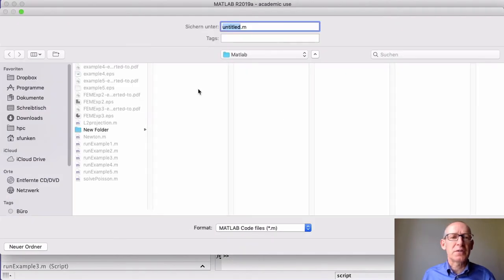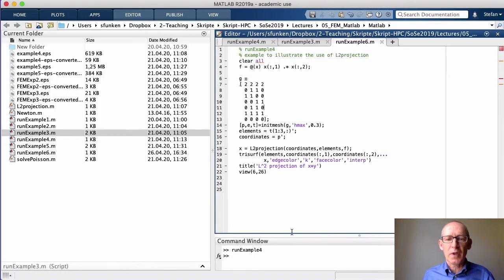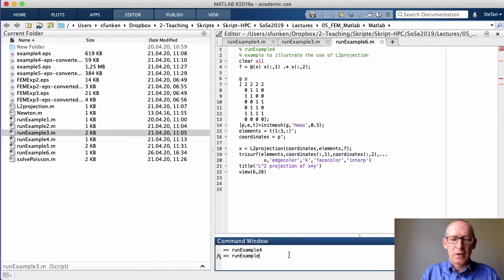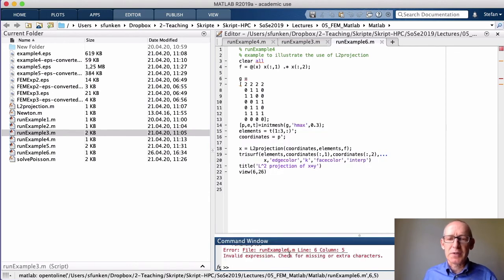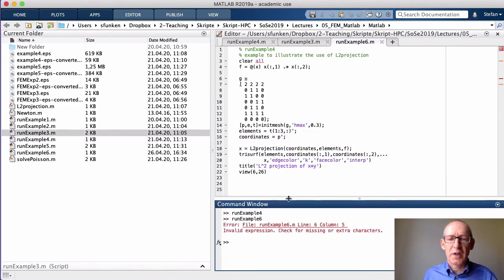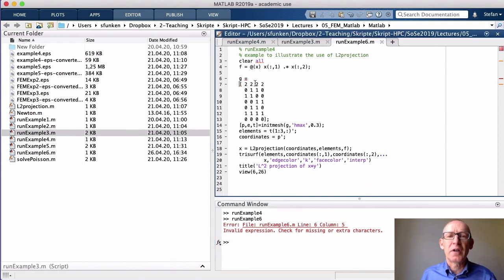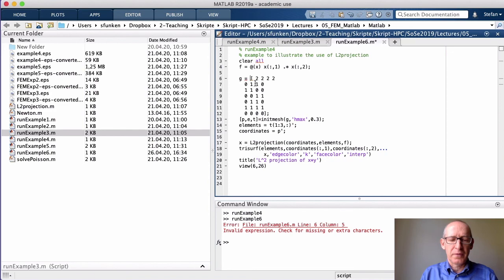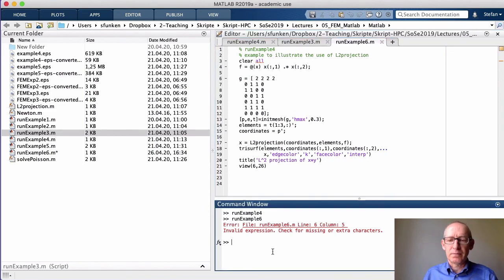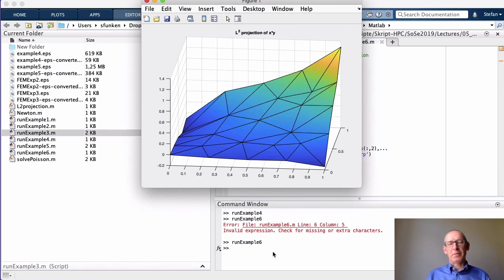Run this, so save this as a new example and run this example. So some mistake, oops. Extra character. Oh, let's do it this way. Okay.